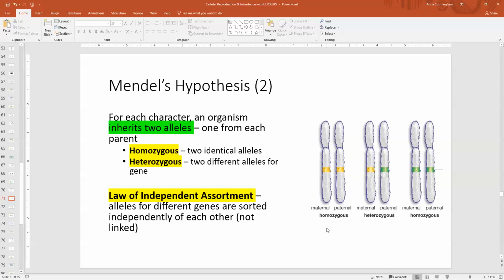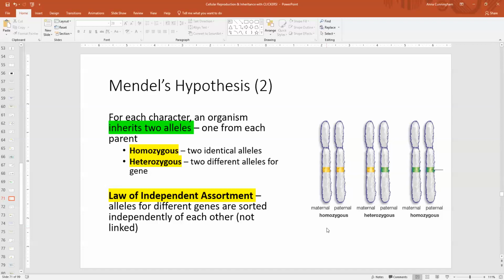the fact that if you have two versions of a gene, right, you have two alleles, and your maternal and paternal chromosomes contain the same version, that is called homozygous. Remember, homos is Latin for the same.